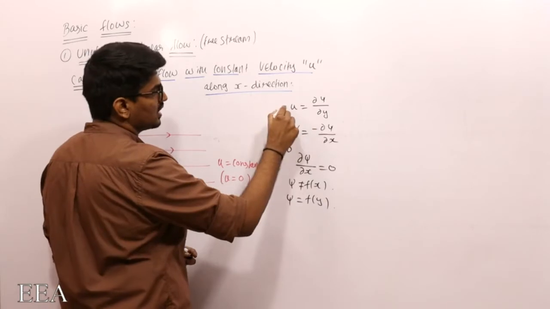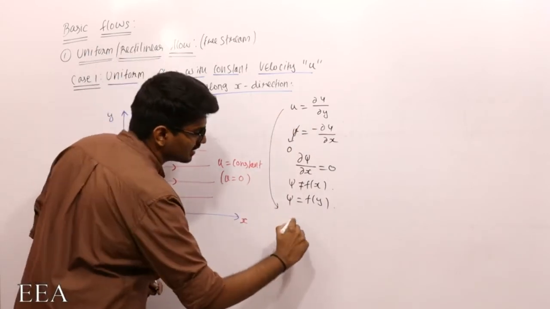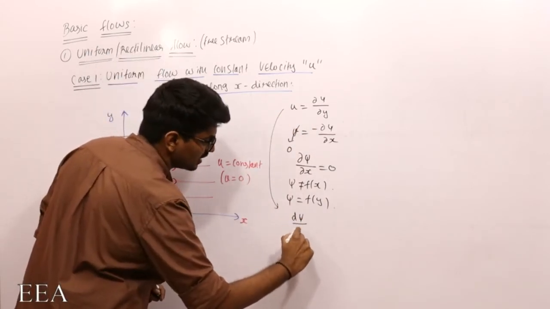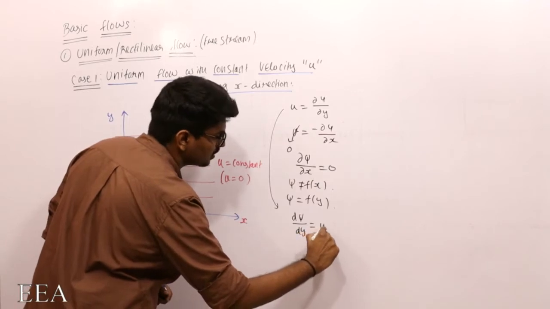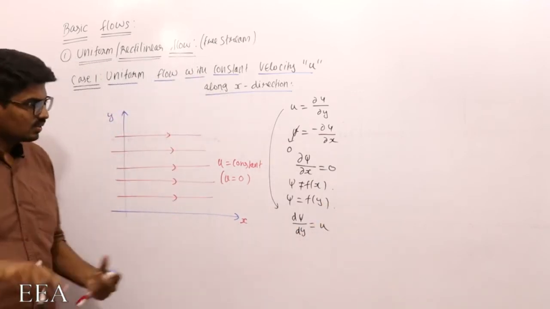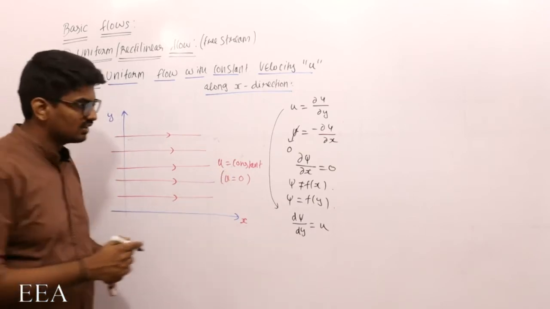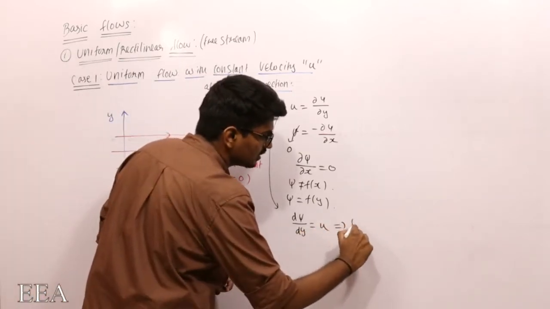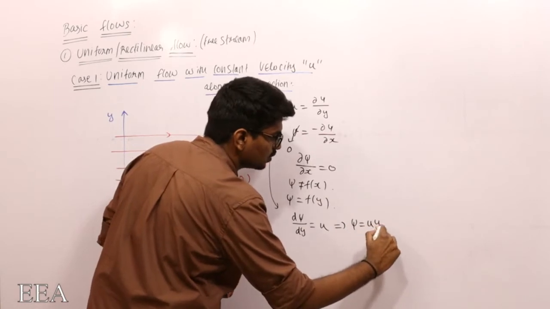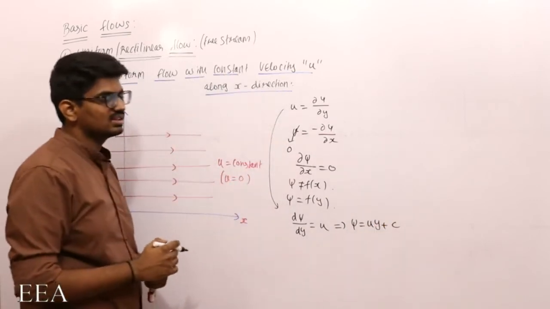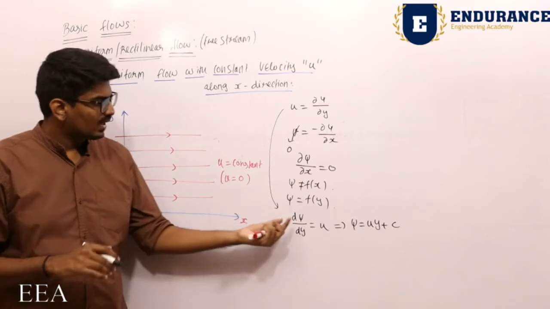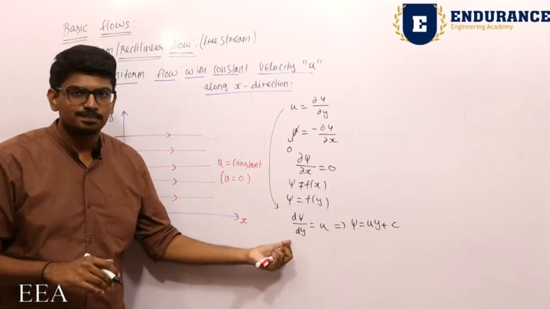So this equation I can write as d psi by dy, which is equal to u. I already know that u is constant. So if I integrate it, what will I get? Psi will be equal to u into y plus some integrating constant c. Am I right? Very simple. Why am I writing d psi by dy?